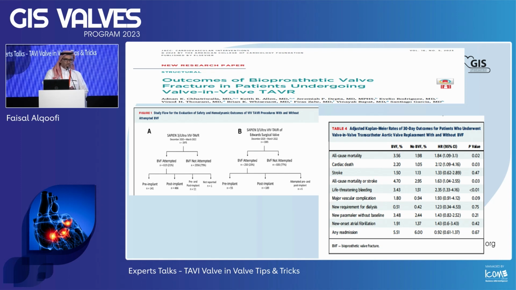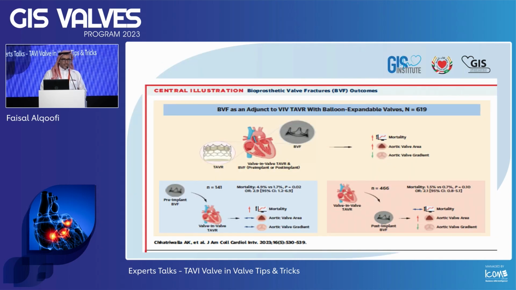They looked at the cohort as a whole, fracture versus non-fracture. Definitely fracture increases your all-cause mortality, hospital mortality, and risk of bleeding. But then they divided that and looked at the people for whom the operator decided to fracture before versus fracture after. Is there any difference?